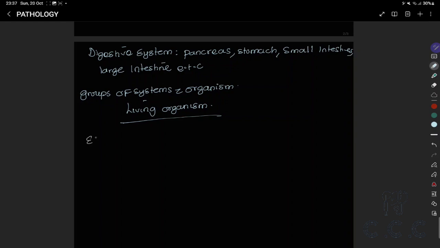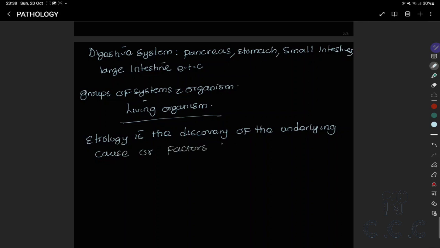So etiology is the discovery of the underlying cause or factors of a disease.